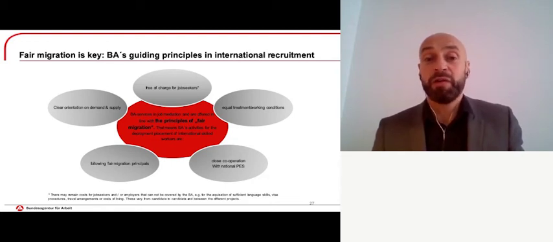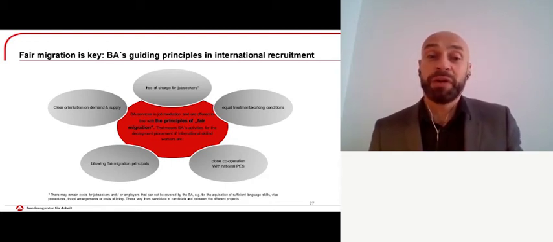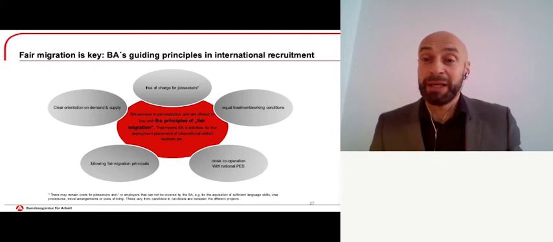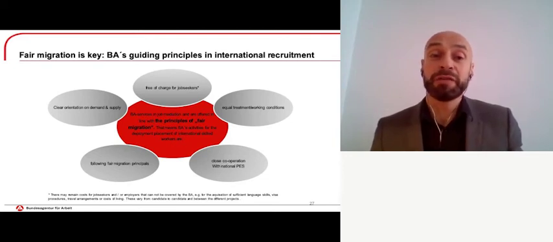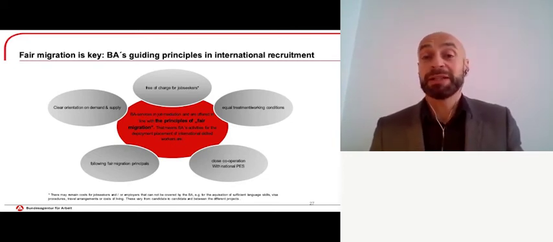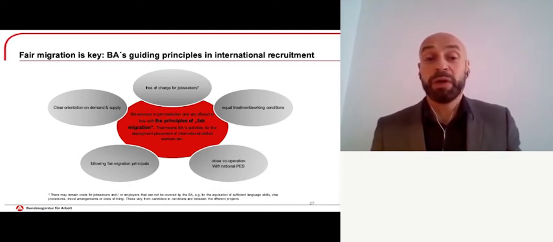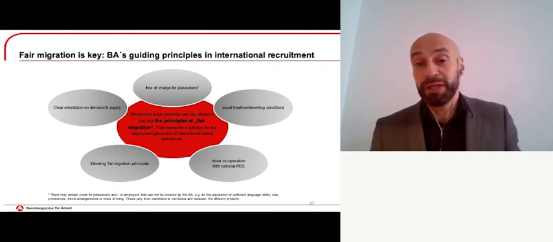And of course, this is why it's important for us that all the services offered in the recruitment and job placement process by the public employment services are free of charge for the job seekers, that we guarantee equal treatment and working conditions for migrant workers, and of course that we always take into account the labor market situation in our partner countries.